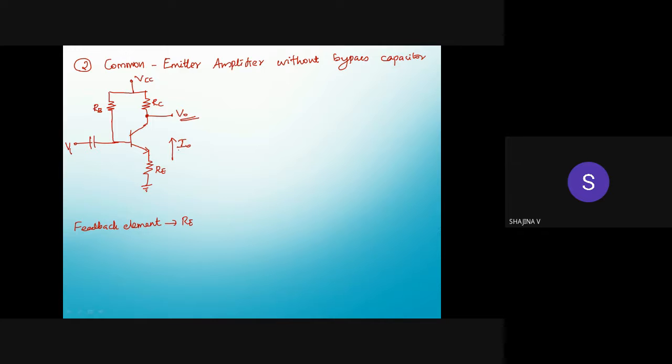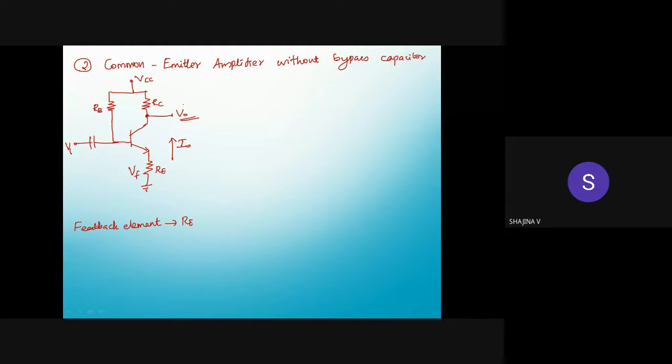Due to the effect of this current, a voltage is developed across Re, which is not our output voltage. So this will act as the feedback voltage.